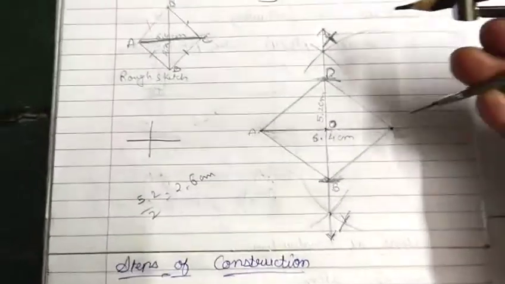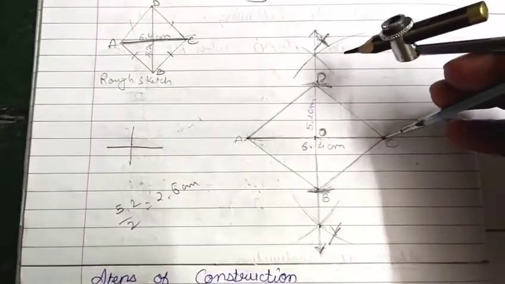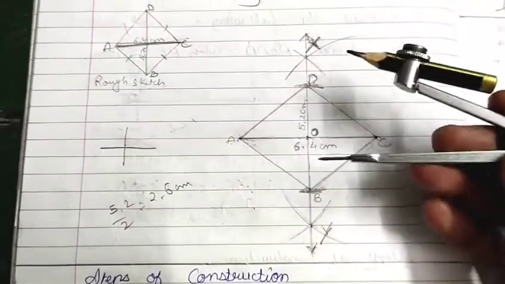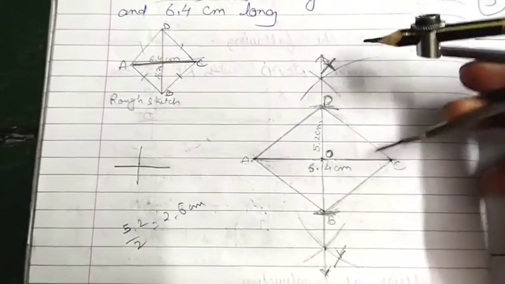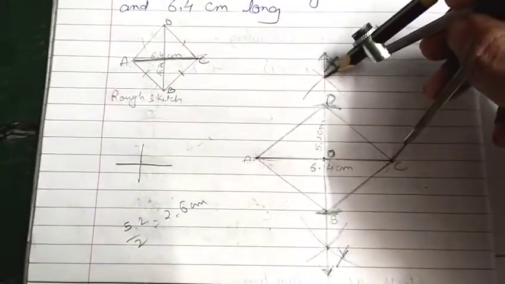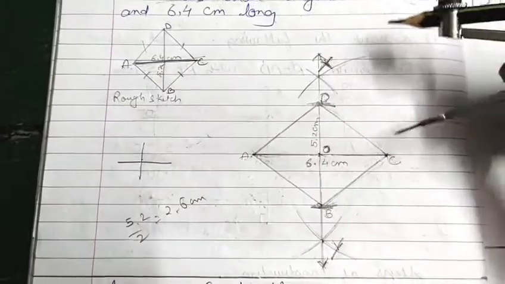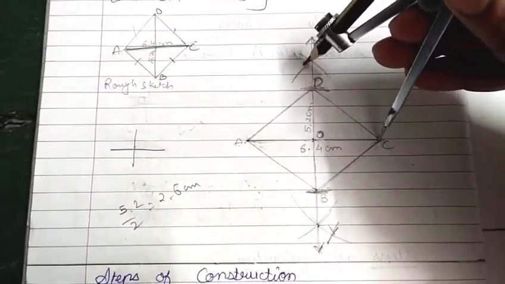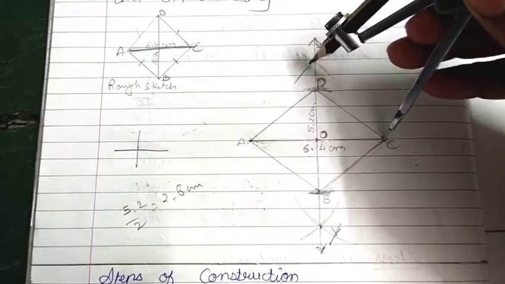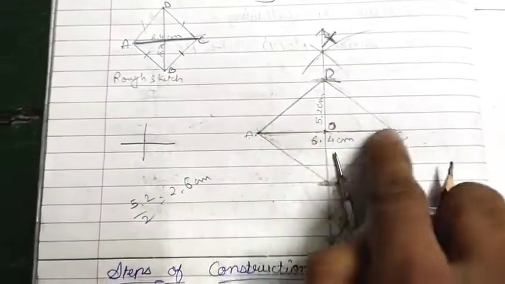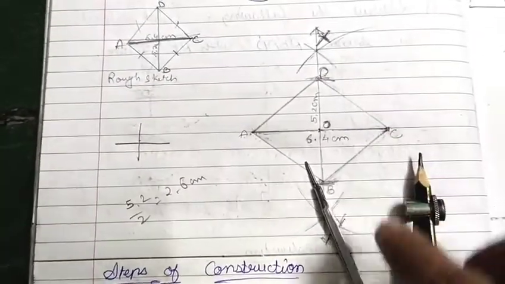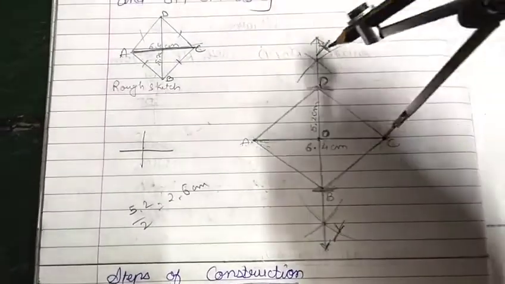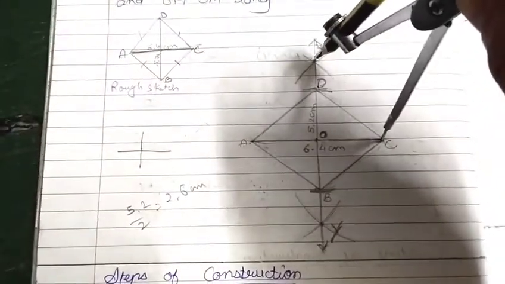How to construct a perpendicular bisector? See, take a compass and take a radius of convenient measure, any measure you can take, and place it on C and try to draw an arc on the upper half plane of AC. Upper half plane means this is the upper half plane and this is the lower half plane. Try to draw an arc on the upper half plane and lower half plane.